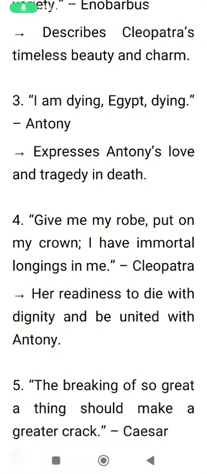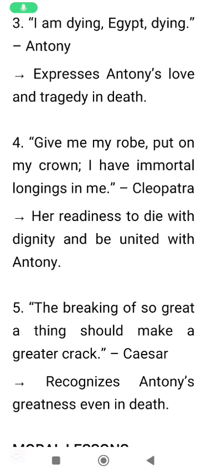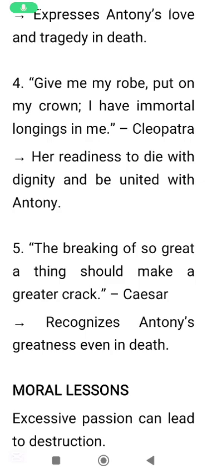It shows readiness to die with dignity, and that is said by Cleopatra when she is ready to die beside Antony. We have, "The breaking of so great a thing should make a greater crack." It is Caesar that says this. That is when he recognizes Antony's greatness even in death.